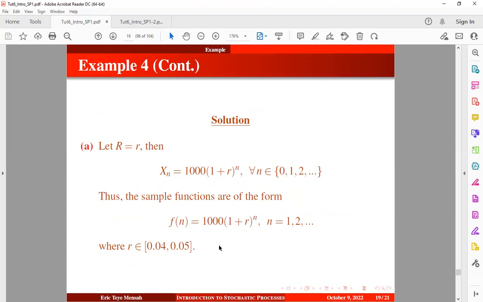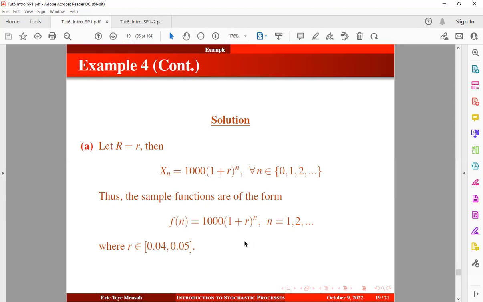This is how the sample function will look for year 1, year 2, for all years.